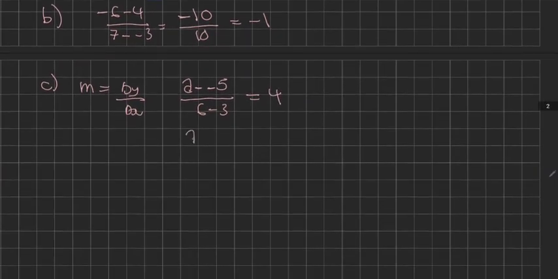And so this becomes a add 5 over 6 minus 3, which is 3, is equal to 4. a plus 5, if we times by 3, is equal to 12. Therefore a is equal to 7.